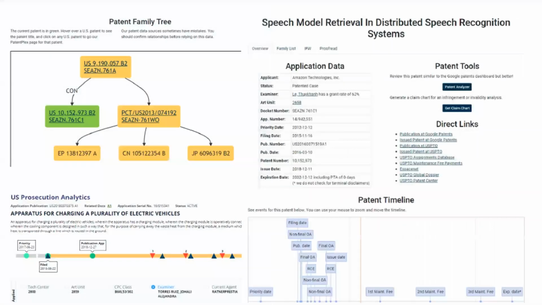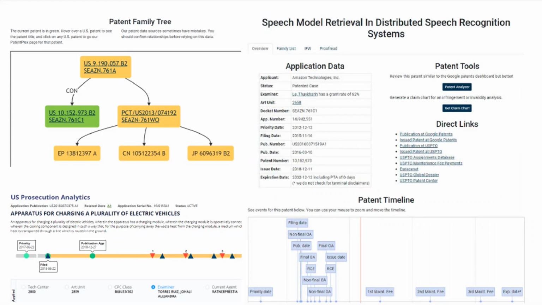Okay, and these are some of the reports that you can see. Patent family tree information can be extremely valuable for the reasons that have been previously discussed. And I look at family trees as being both horizontal and vertical. What is shown in the slide is a vertical patent family tree.